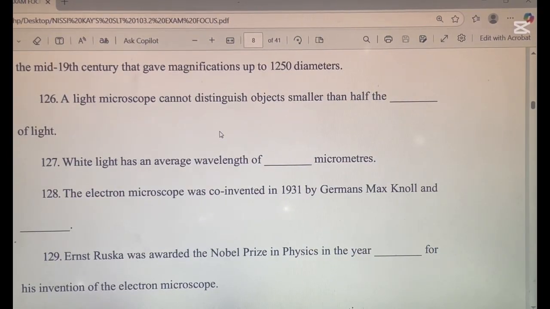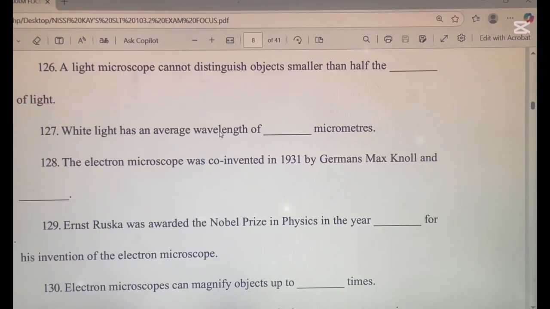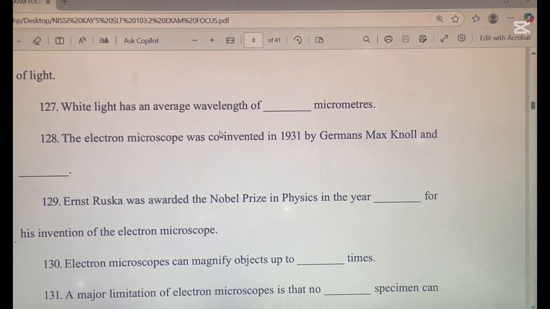Now, a light microscope can distinguish objects smaller than half the wavelength of light. White light has an average wavelength of 0.55 micrometers.